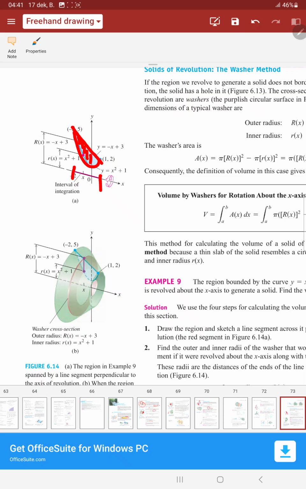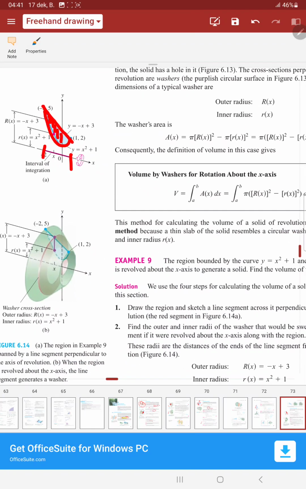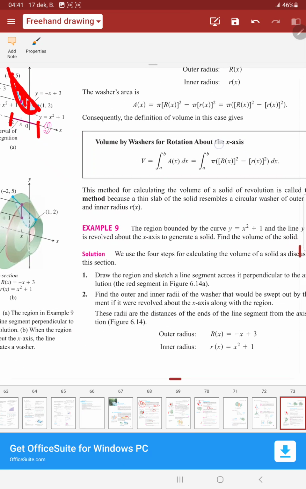It's the same idea. Now again, you see that this function is above this function, then you will just write pi capital R squared minus little r squared.